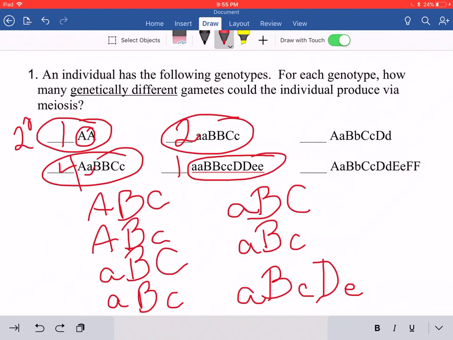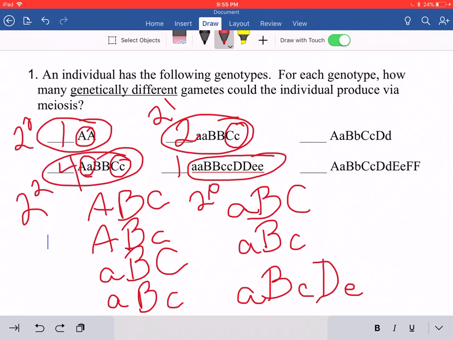Here we would have 2 pairs that are heterozygotes. So that would be 2 to the 2, which is 4. Here in this example, we only have one of the genes that is heterozygote, so that would be 2 to the 1. And over here we have, again, 2 to the 0, which is 1.